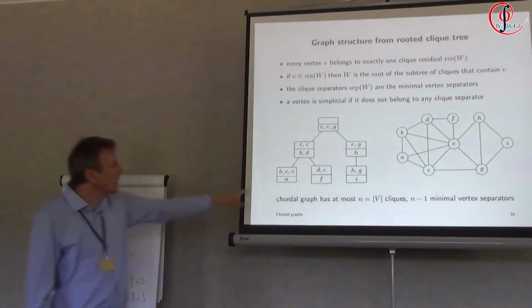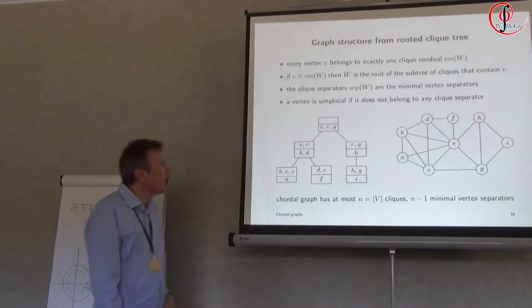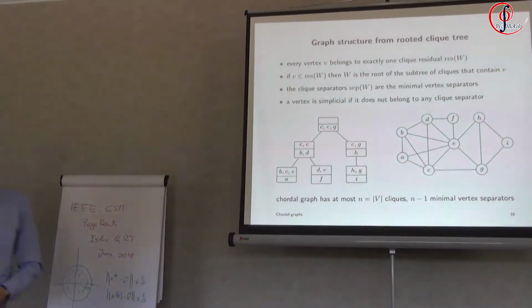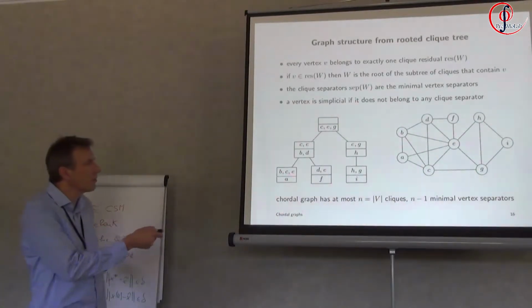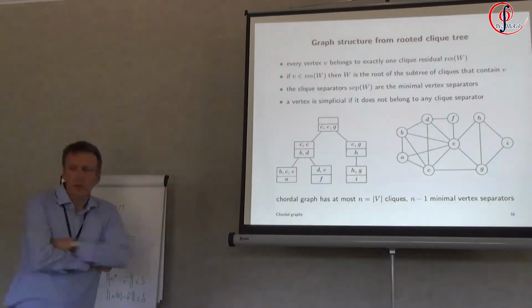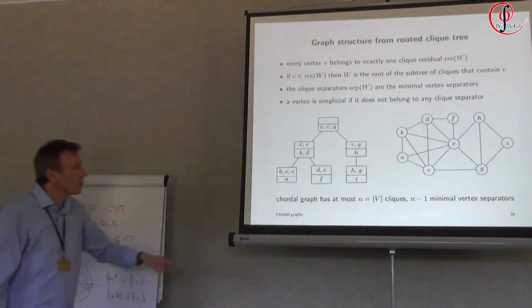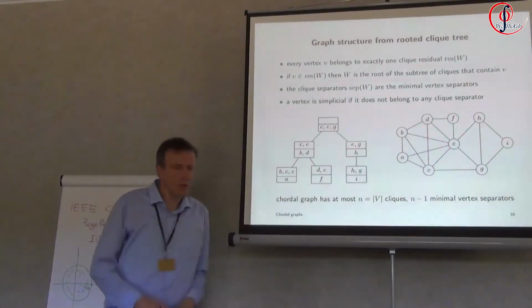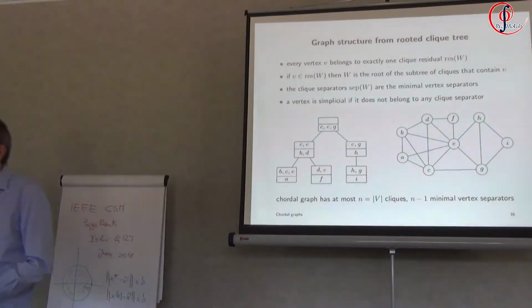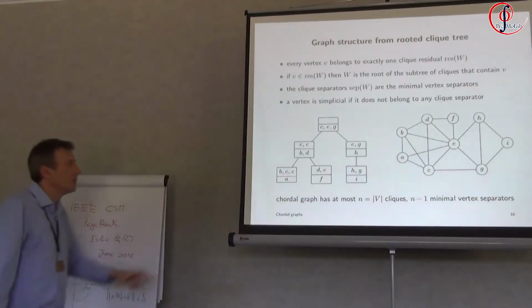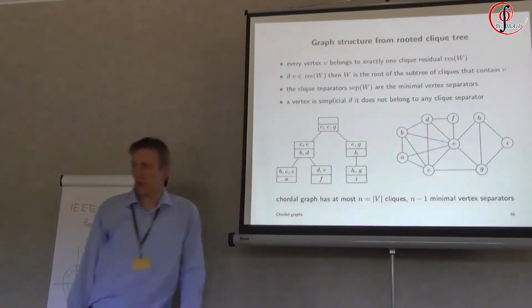You can also show that these clique separators, the top rows, are exactly the minimal vertex separators. So to find all the minimal vertex separators, you can just construct this clique tree, and from the clique separators you get all the minimal vertex separators. An important consequence is that in a Chordal graph you can have at most n cliques, because these residuals partition the vertices in the graph.